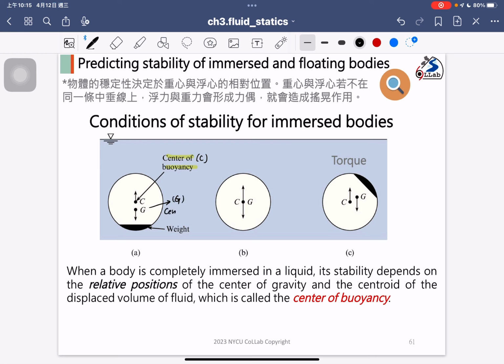In this textbook, G indicates the center of the gravity force. So we have the C and G points, and how can we use them?